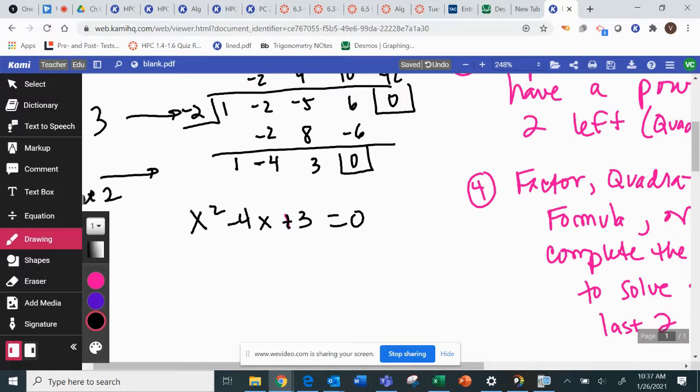Quadratic formula works. Complete the square works. Nobody want me to go do it by complete the square? It's not faster than factoring though. I would do it by factoring. It's faster than quadratic formula for this one it is, but it's 3.